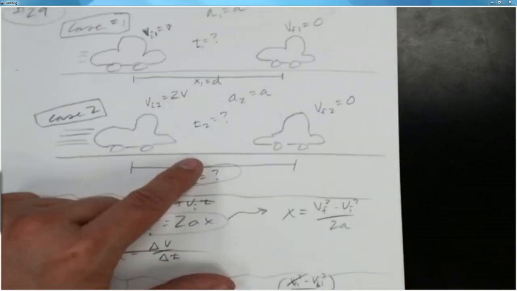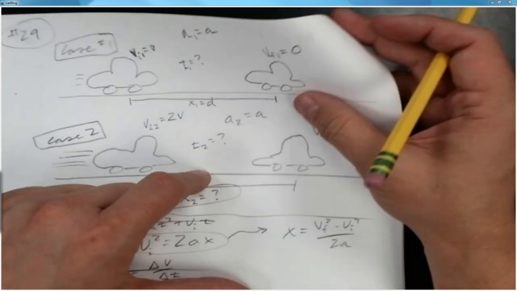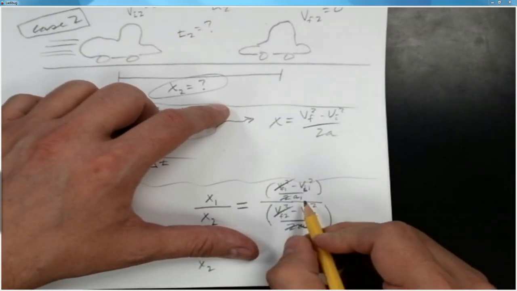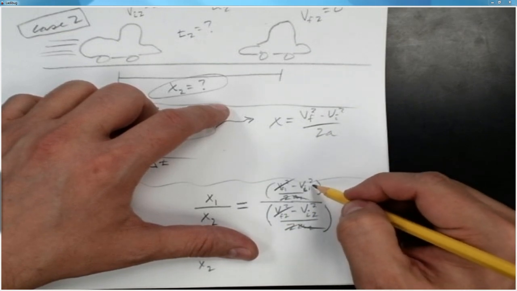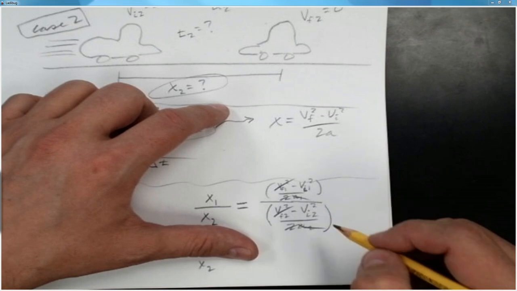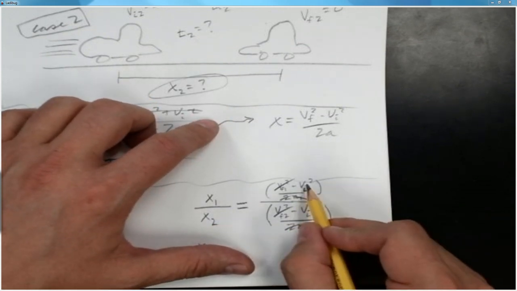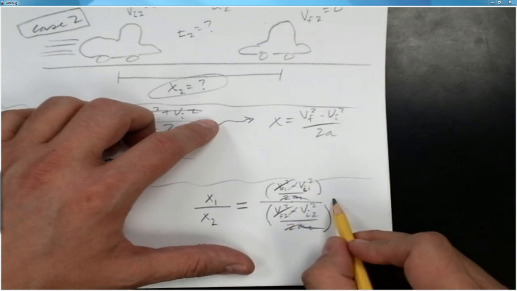And the a is the same in the top and the bottom because a2 and a1 are both a. The problem statement said you have the same acceleration in both. So I'm going to cross the a's out. And all I've got is negative VI1 squared over negative VI2 squared. Negatives are in the top and bottom, so I'm going to cancel the negatives out. This makes my life so much easier.